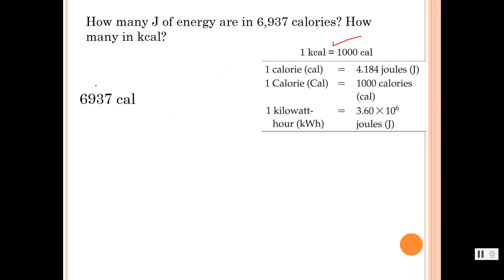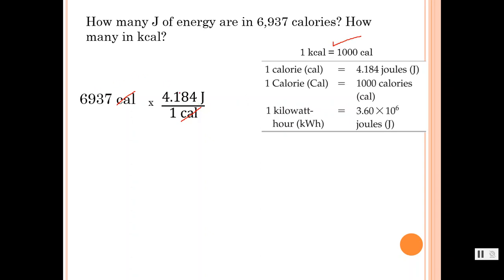So I'm going to solve it by writing down what I'm given. I'm looking for joules, and so I see that for every 4.184 joules, there's 1 calorie. And so I write that equivalency as a conversion factor, as a ratio, so that my calorie units cancel, and I'm left with joules in the numerator because that's the unit I'm looking for.